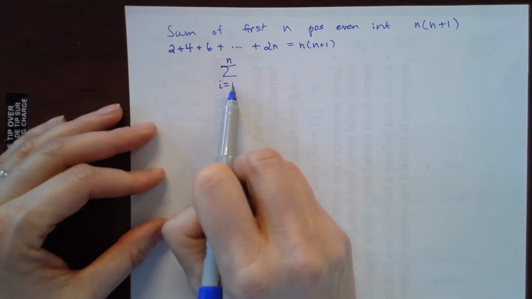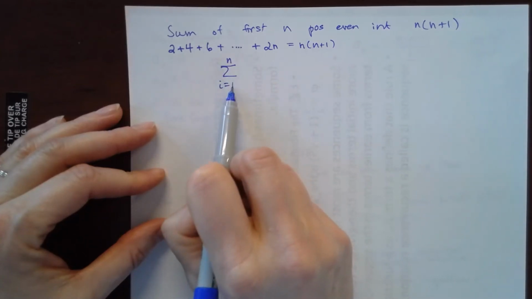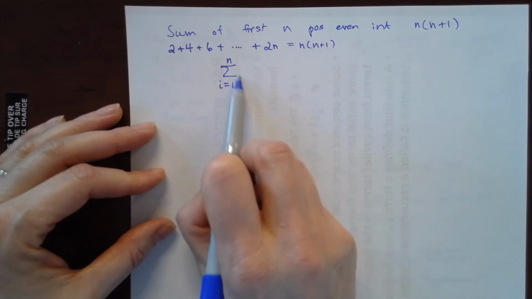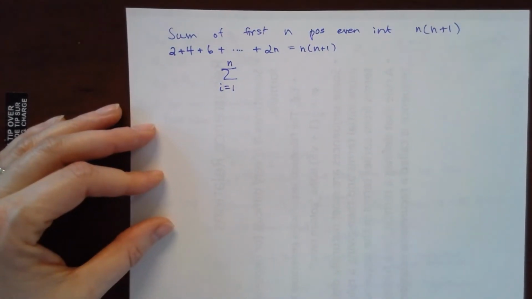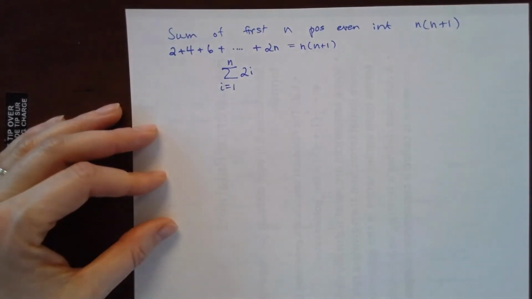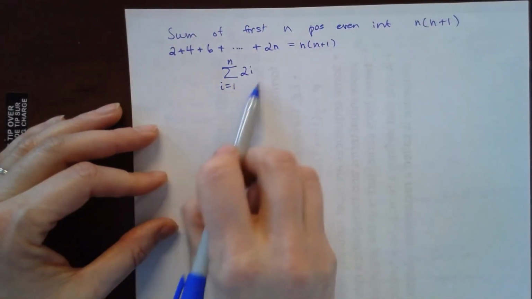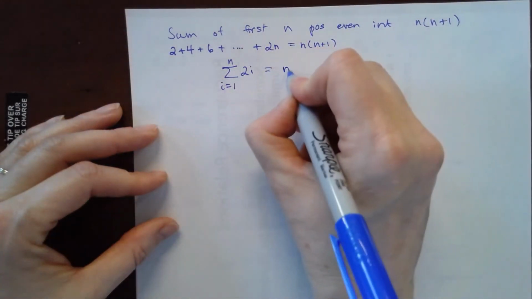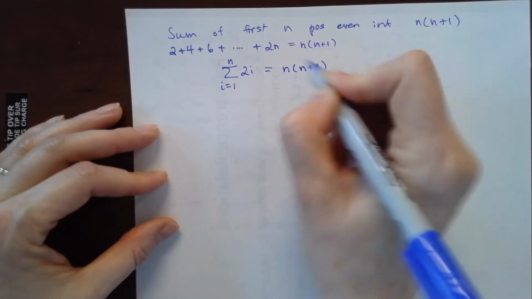So when I put i as 1, I want to get this thing. When I put i as 2, I want to get this thing. When I put i in as 3, I want to get that thing. When I put i in as n, I want to get that thing. So what expression should I put here in my summation? 2i. I heard it. Good. So this is the sum of the first n positive even integers. And I want to show that that sum is always going to be n times n plus 1.